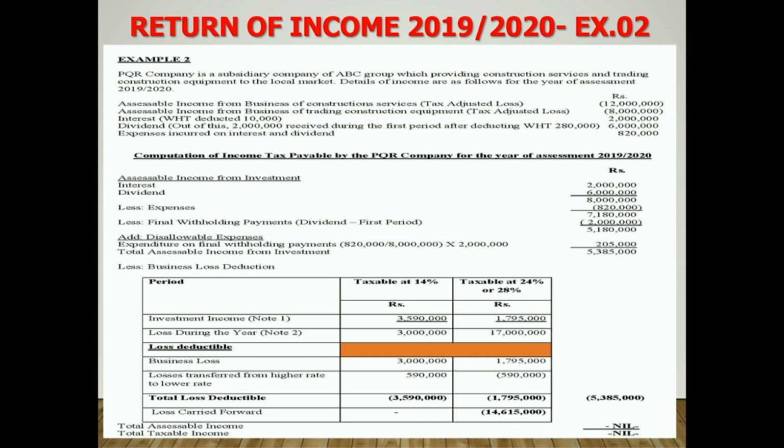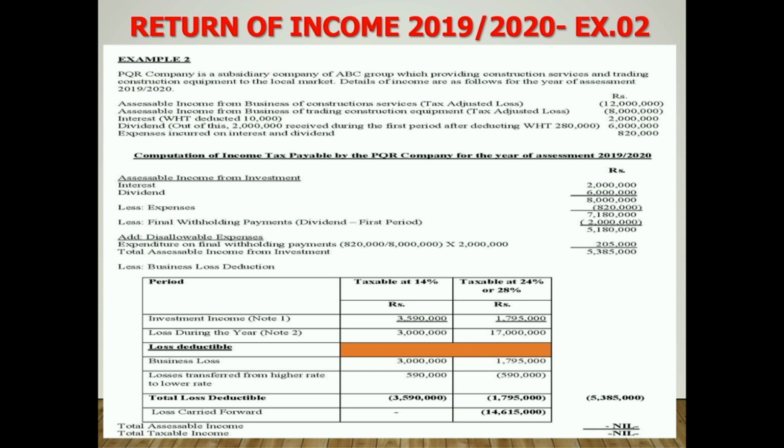So you know that construction services are taxable at the rate of 14% with effect from 1st January 2020. Therefore, we have to consider that part of the loss as a lower rate tax loss.